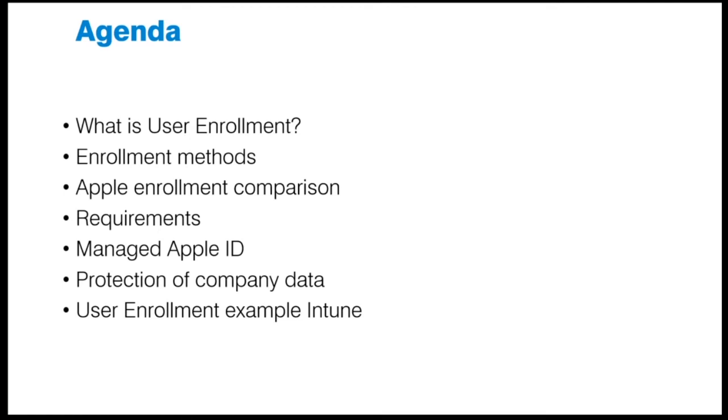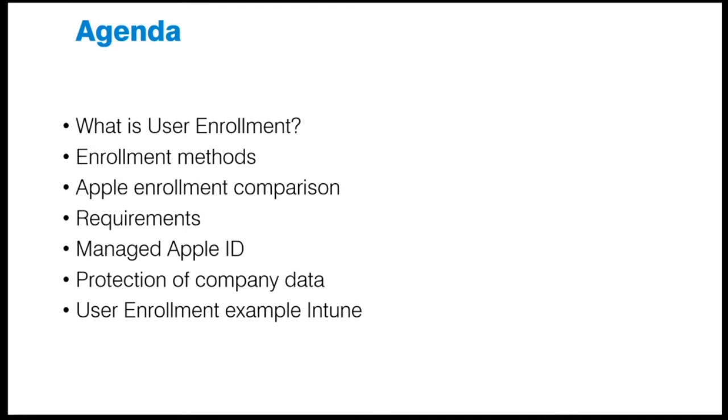So in the next step then, we will compare the Apple enrollment systems, user enrollment, device enrollment, and automated enrollment to see the exact differences there. Related to the features they provide and related to the restrictions that they are able to do.